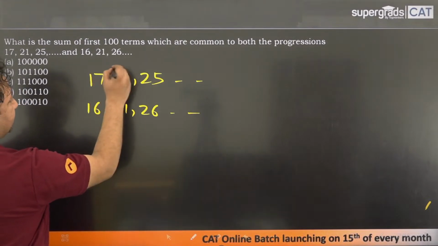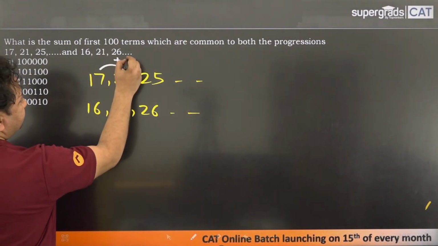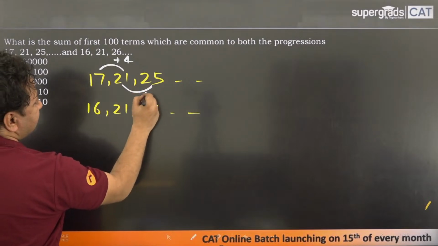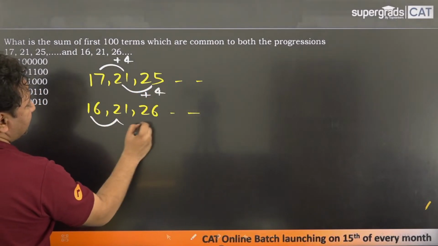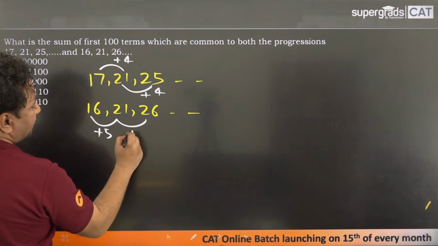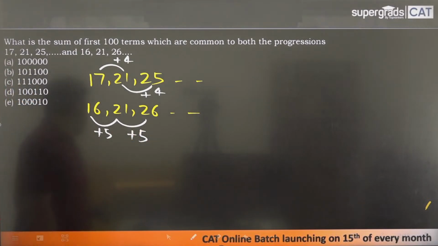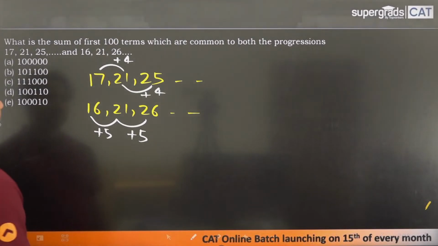In the first series, you can see there's a gap of 4, the common difference. In the second, the gap is 5. Which is the first term that we can see common?